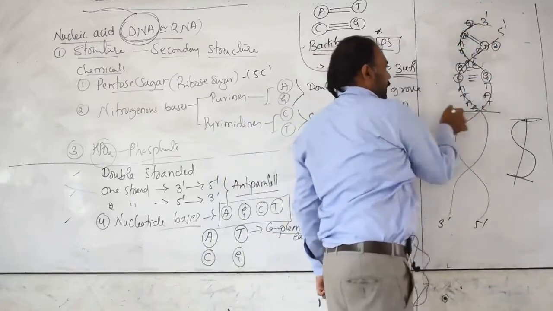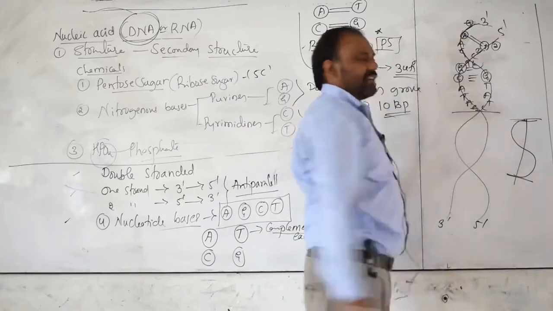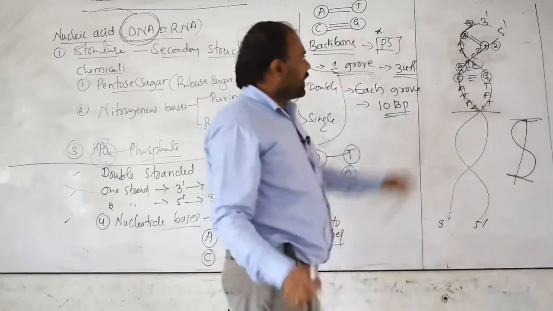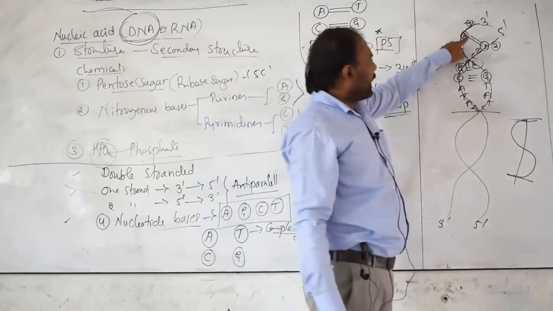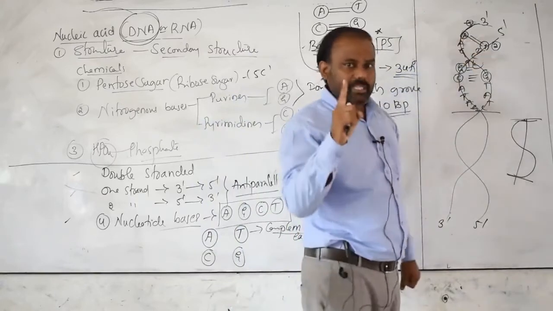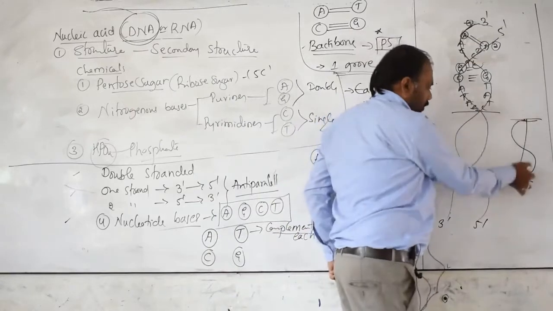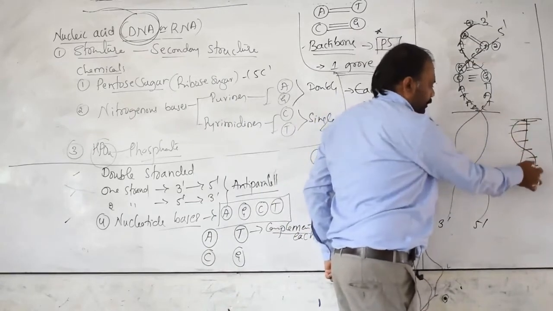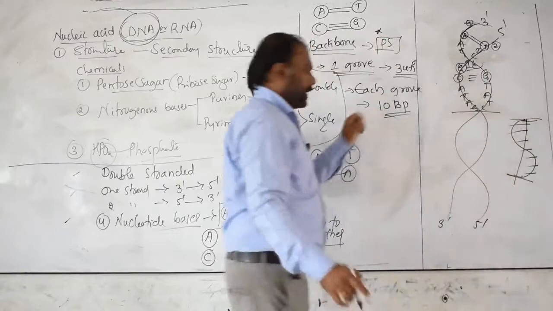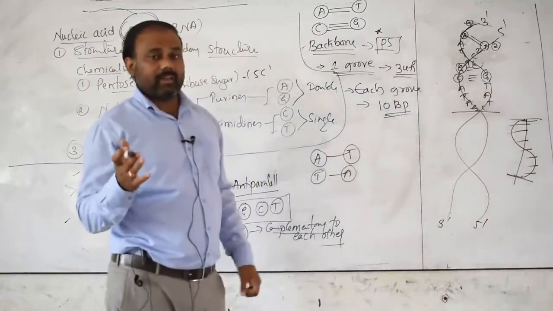From here to here, there are 10 nucleotide base pairs, not bases. A is called a base. AT together is called one base pair. Likewise, in each groove there must be 10 base pairs. Is that clear?